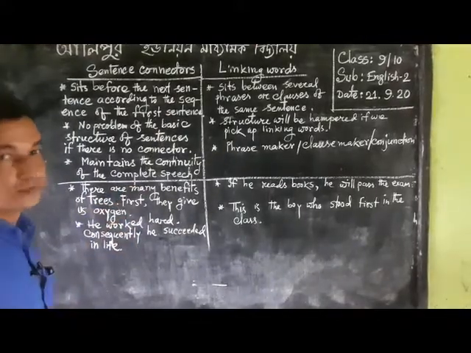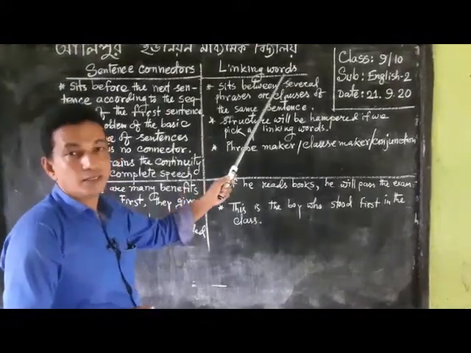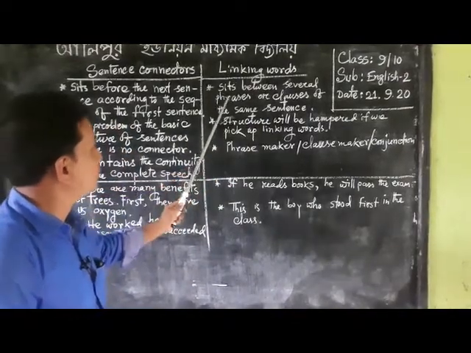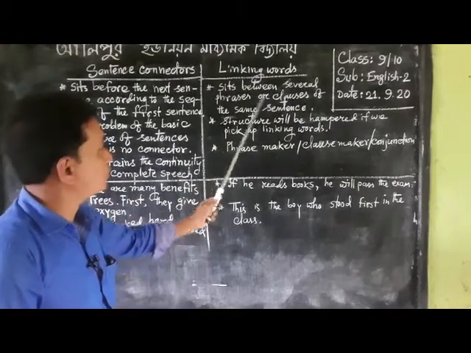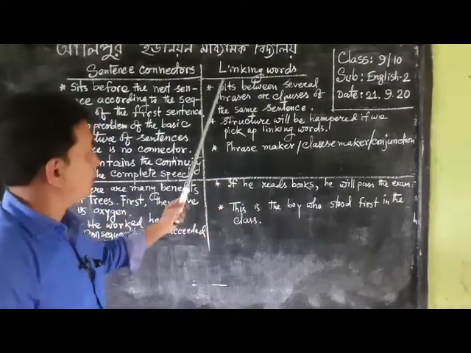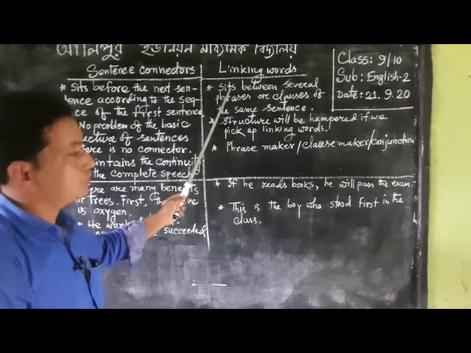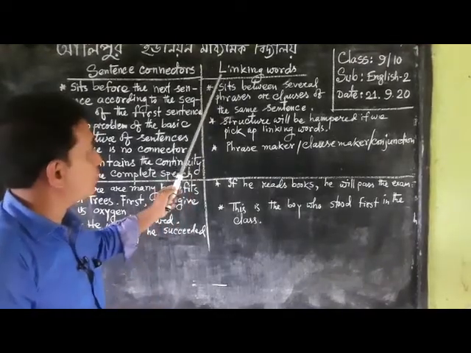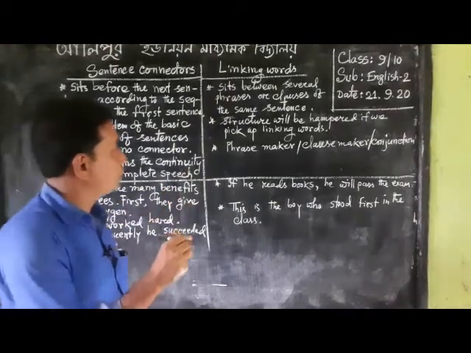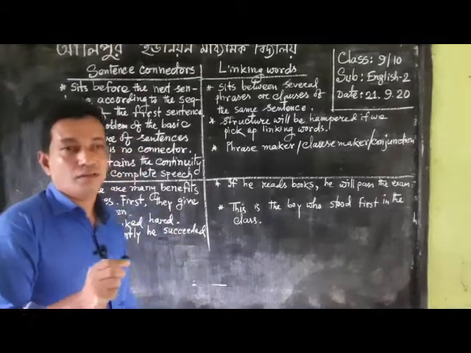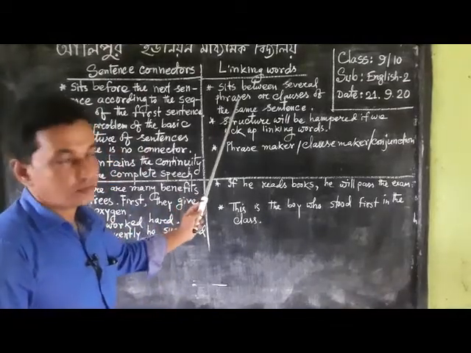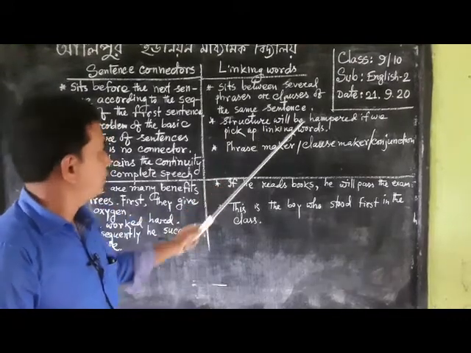And now we will see the features of linking words. First of all, a linking word sits between several phrases or clauses of the same sentence. Dear learners, here are the main or specific characteristics of linking words. It never sits between two sentences, but it always sits between two phrases or two clauses.